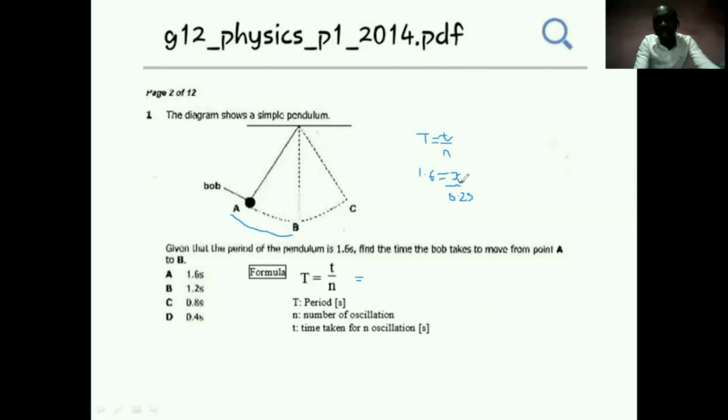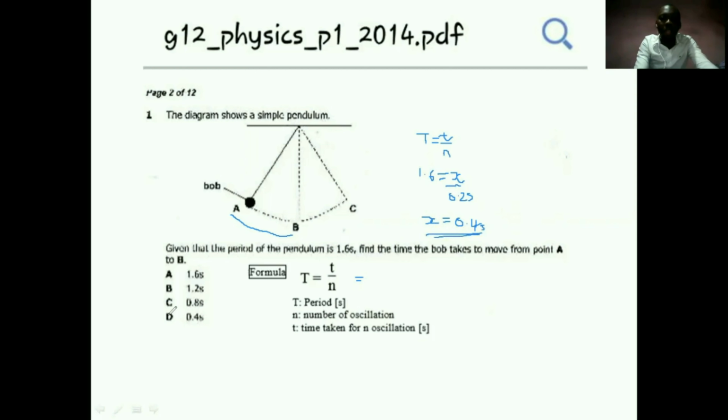So now we are cross multiplying to solve for X, which is the time. X is equal to 1.6 times 0.25, which gives us 0.4. So the answer for question A is 0.4 seconds.